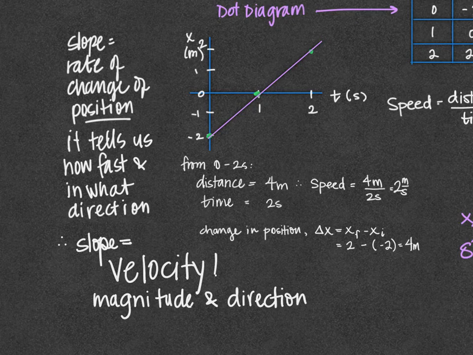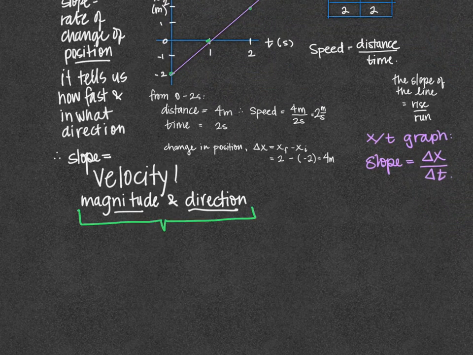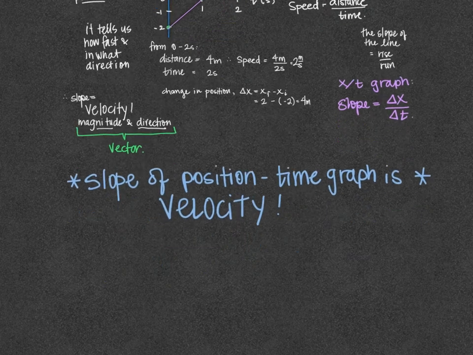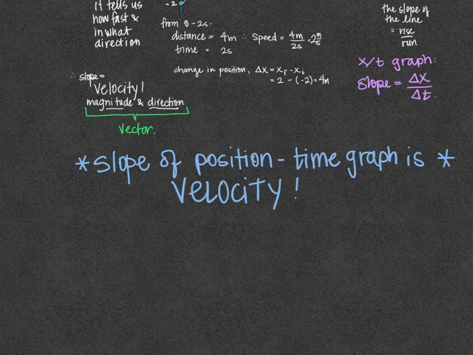Now the direction can be however you define it. It can be up, down, left, right, positive, negative, but a vector is an important type of quantity. And so the slope of our position time graph is velocity, which is not the same as speed, because velocity can be positive or negative.